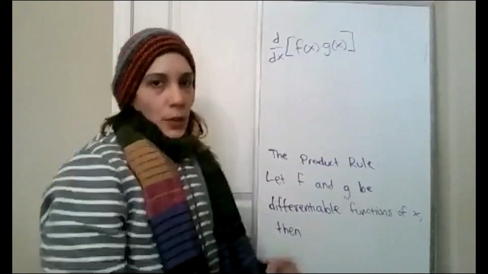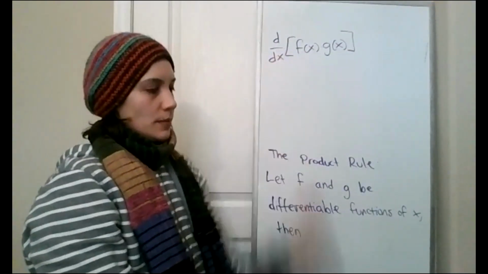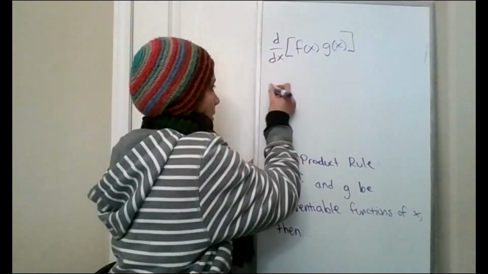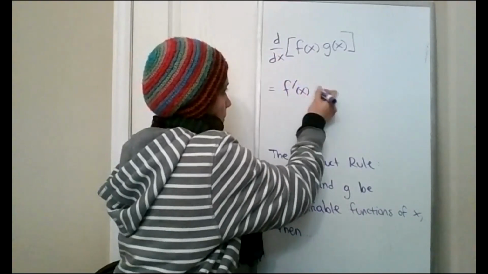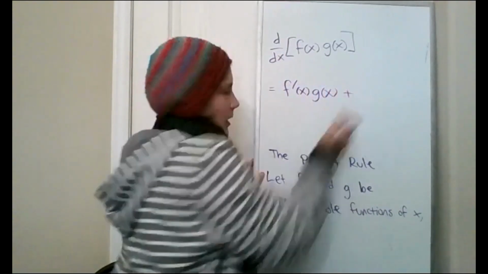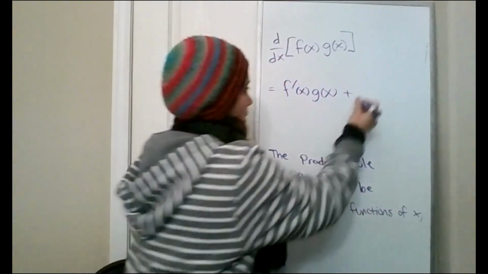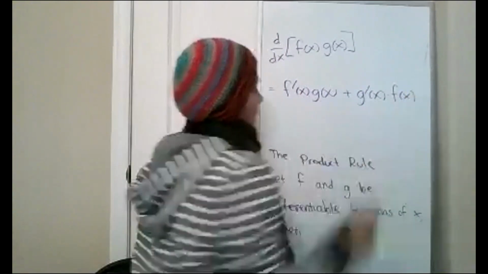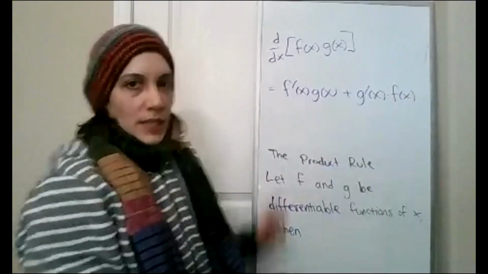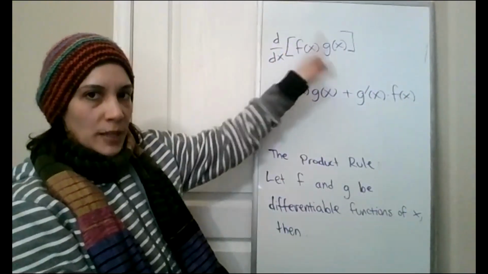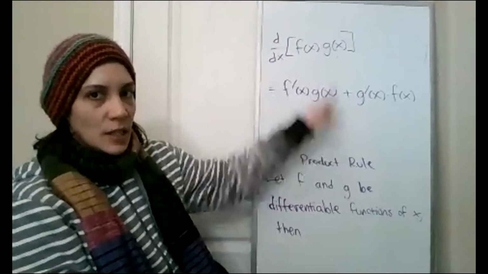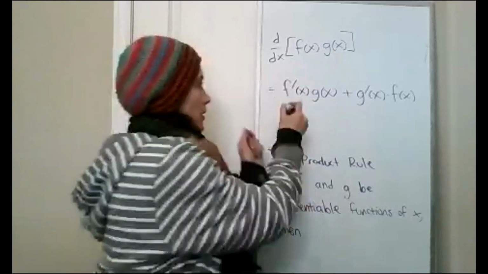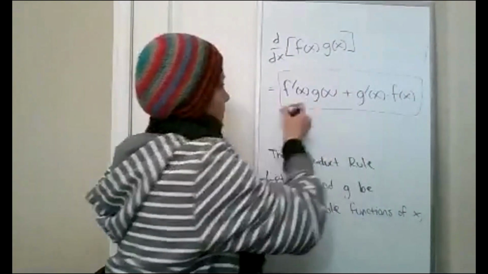Okay, so let's just write it out first. f prime of x times g of x, plus g prime of x times f of x. So it's the derivative of the first function multiplied with the second function, add the derivative of the second function multiplied with that first function.